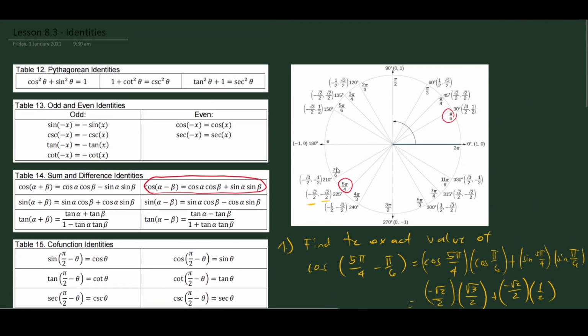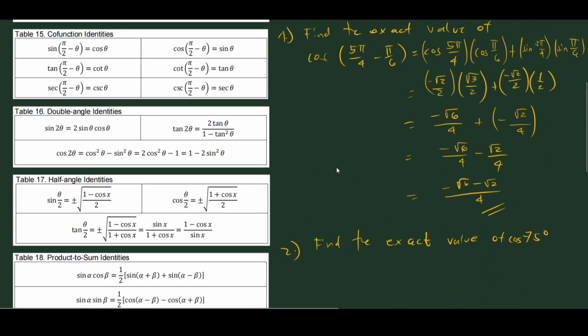75 degrees is not here in our known angles in the unit circle, but we can express it as a sum of two angles. So we can say that this is equal to cosine of 30 degrees plus 45 degrees.